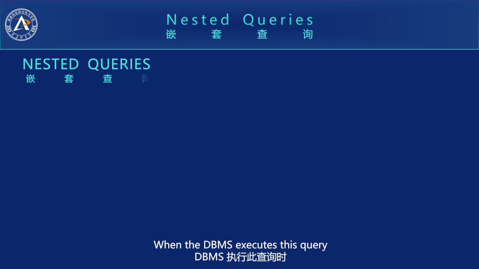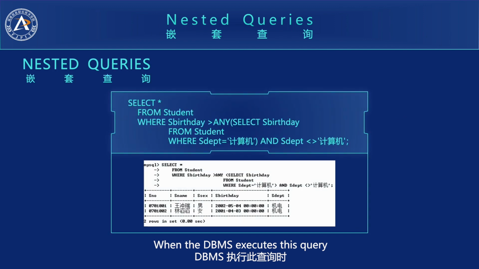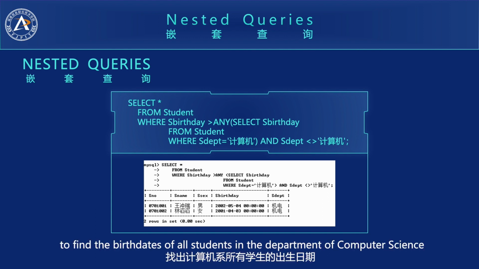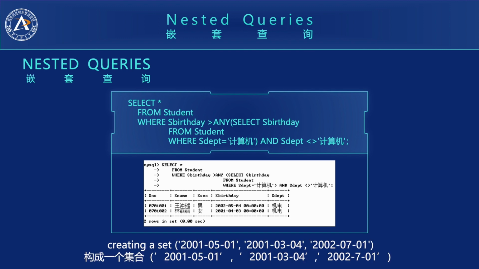When the DBMS executes this query, it first processes the subquery to find the birth dates of all students in the Department of Computer Science, creating a set: the 1st of May 2001, the 4th of March 2001, the 1st of July 2002.